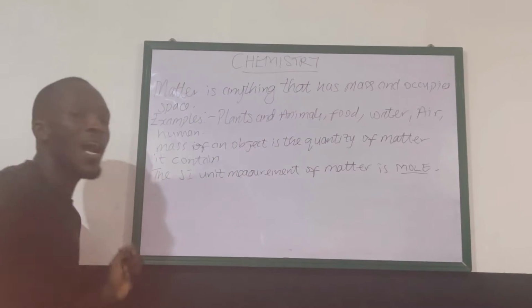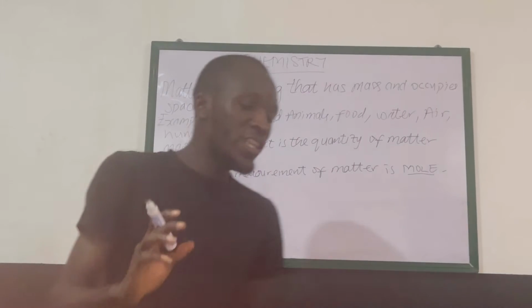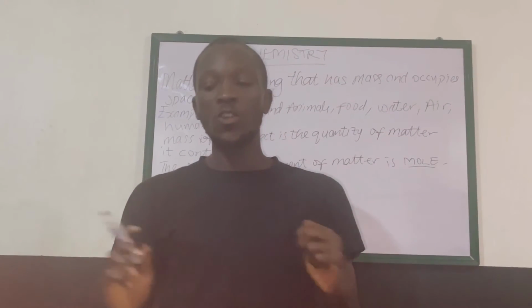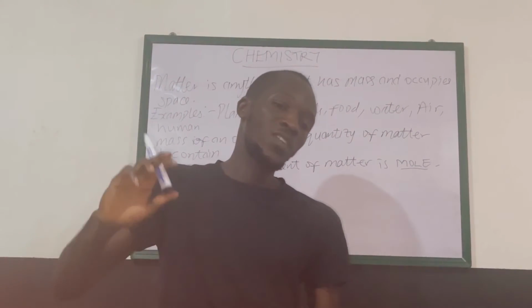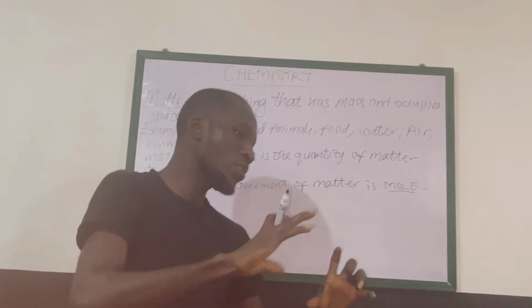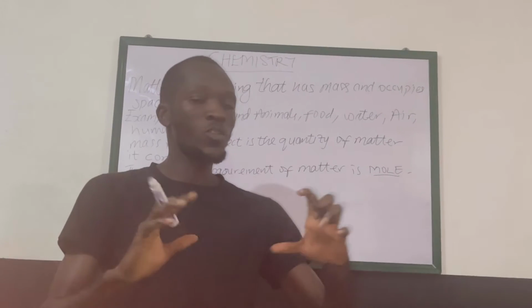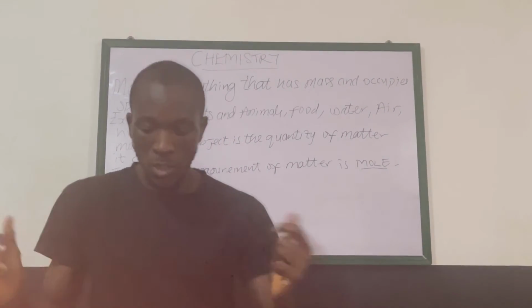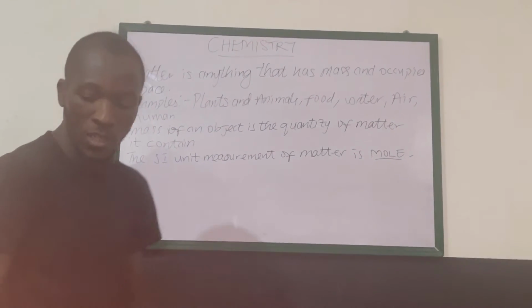And if you want to measure the mass of an object in kilograms, probably in the lab, we do that using a weighing balance. In the chemistry lab, there's something called a weighing balance, and that's what we make use of to measure the mass of an object.